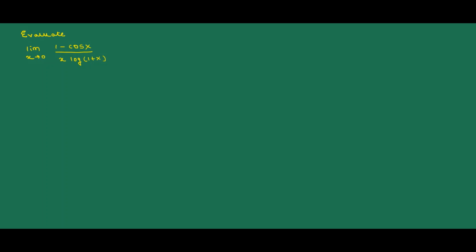So first we have to check by substituting x is equal to 0. If you put x is equal to 0 here and here in the denominator, and you have to put x is equal to 0.